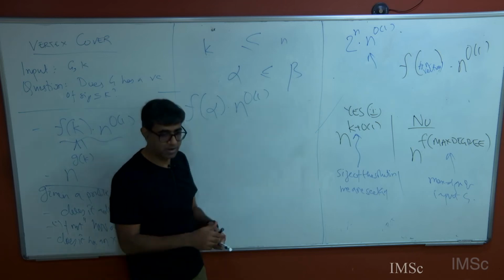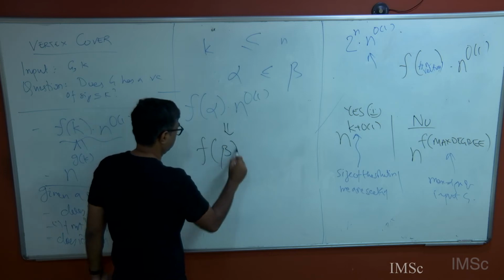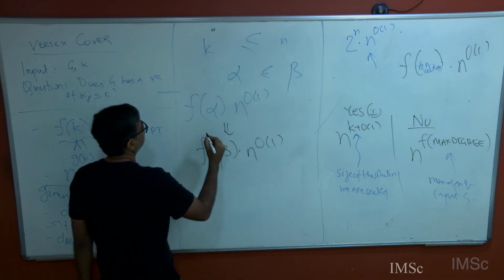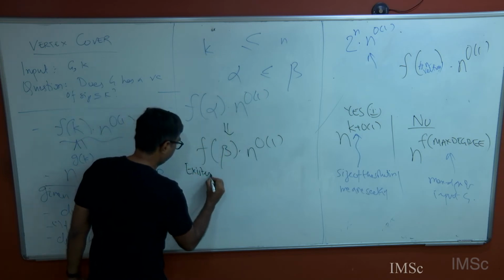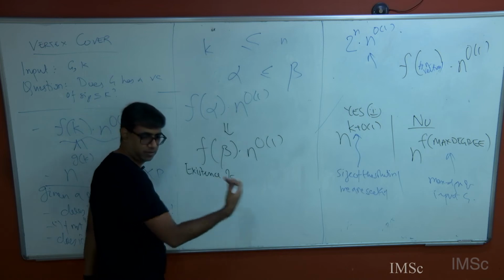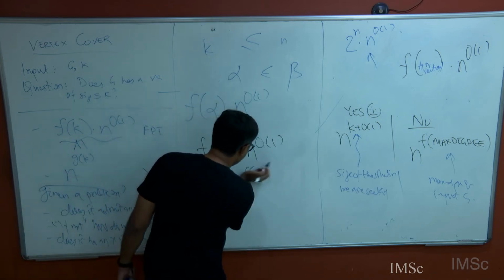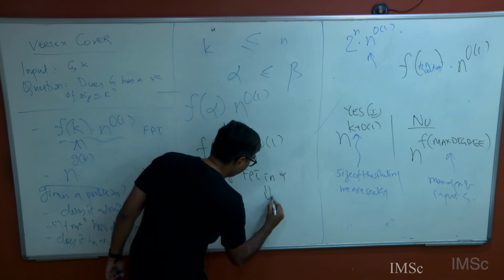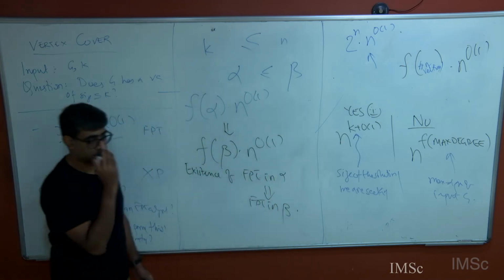Do you agree? So existence of FPT in alpha implies FPT in beta.